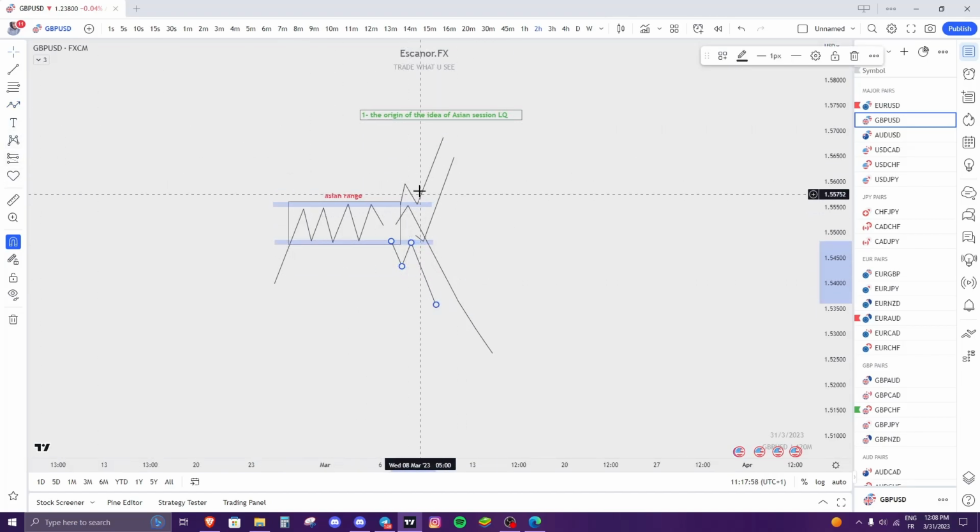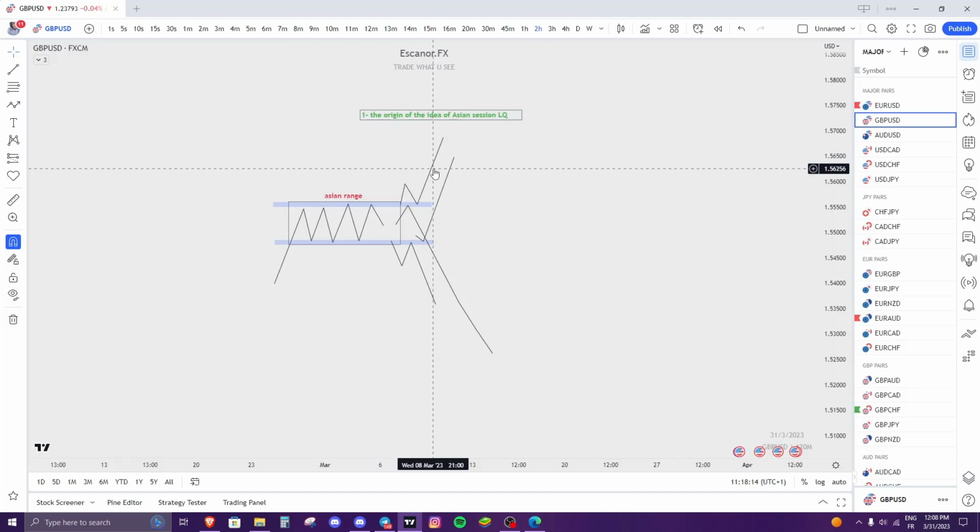So what's gonna happen here when we have an SCN session range? Smart money will do the same idea of support and resistance liquidity sweep. Let me show you.